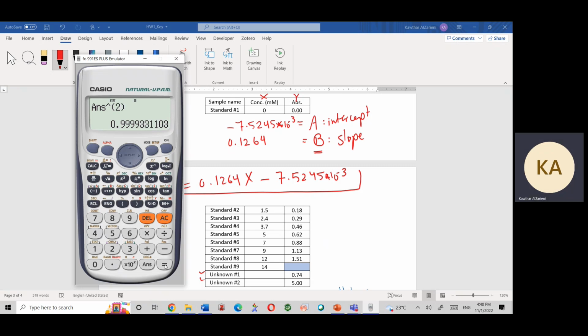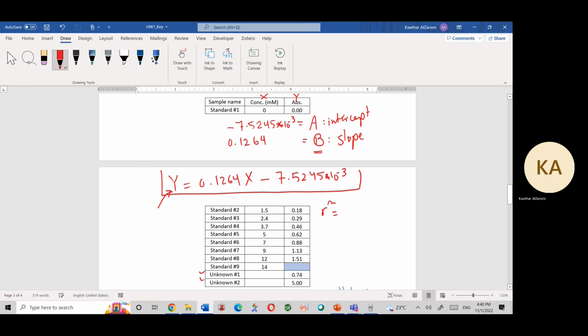So we have an R squared of 0.9999, which is greater than 0.998, which we said should be our limit for having a good linear correlation between concentration and response from instruments.